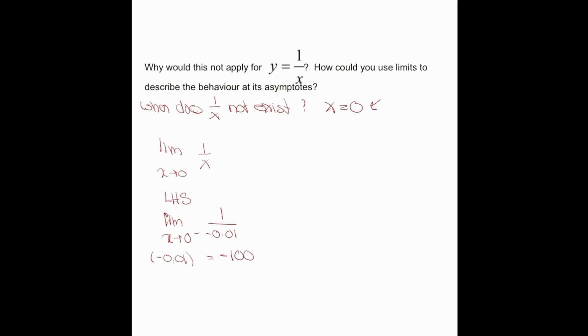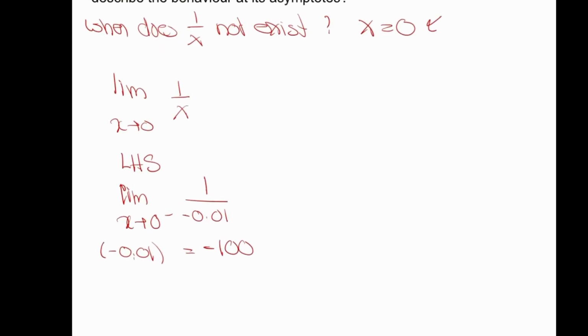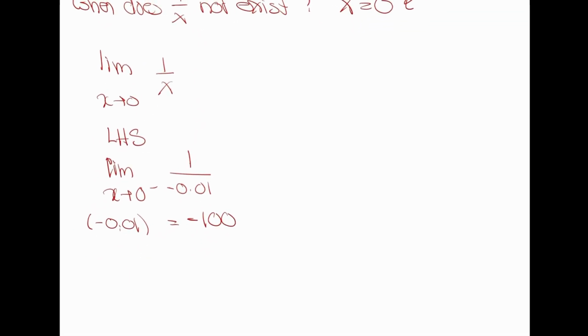What if I added a couple more zeros in there? So what if I had 1 over negative 0.001? Well, that equals negative 1,000. What if I have 1 over negative 0.0001? Well, that equals negative 10,000. So what's happening to our limit as we get closer and closer to 0?